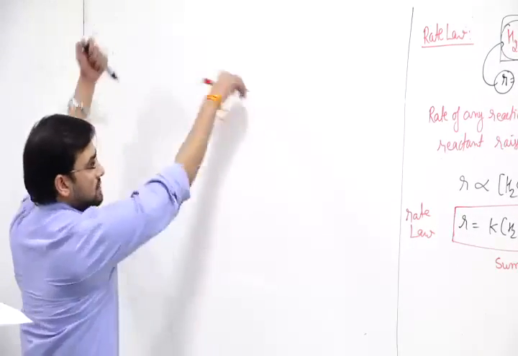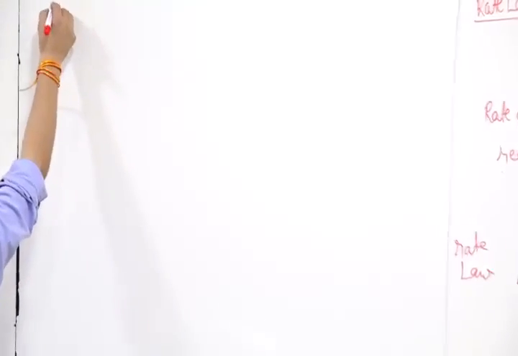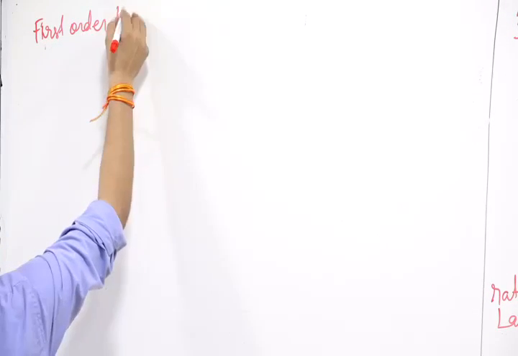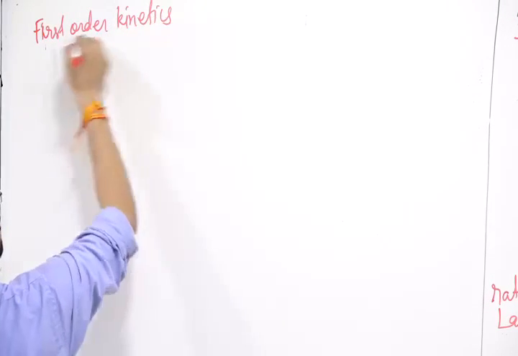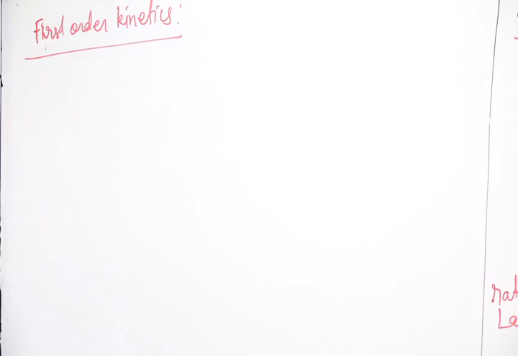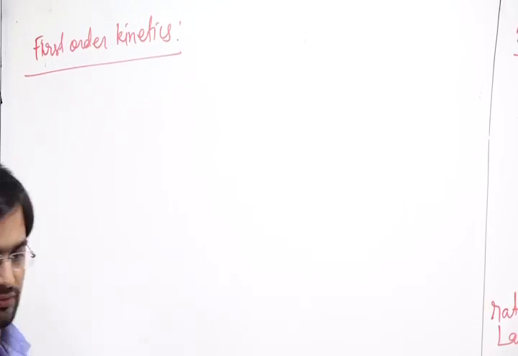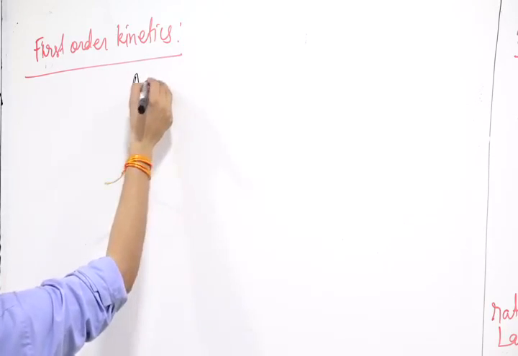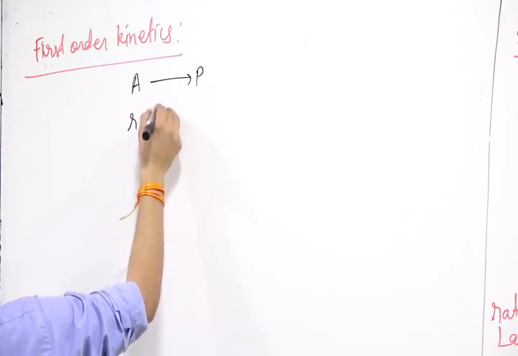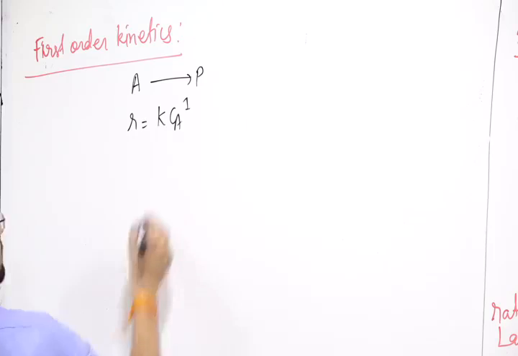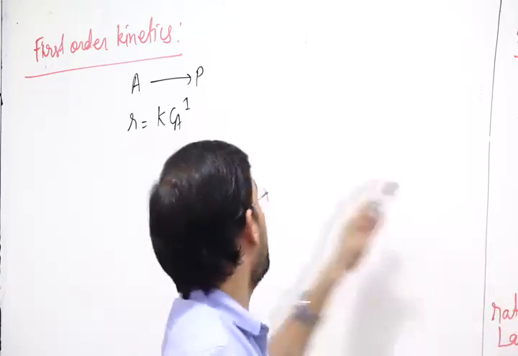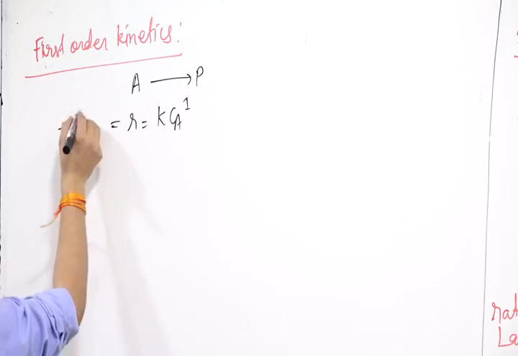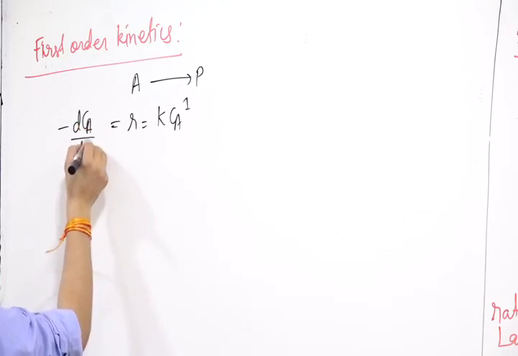Okay, once you finish that, we have first order kinetics. This is the most important kinetics. First order kinetics is simply A gives rise to P, R equals K Ca power 1. Instead of writing in a square bracket, I am writing Ca. This could be written as minus d of Ca by dt.